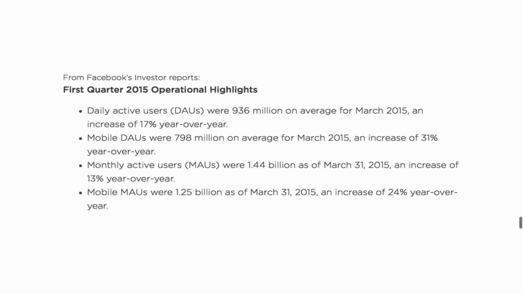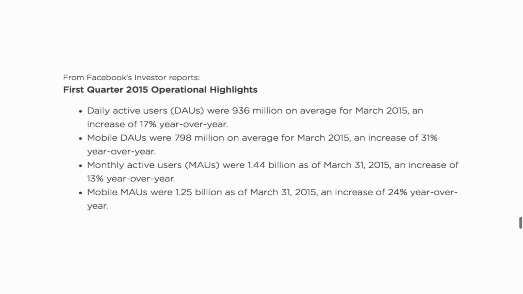So first of all, the number of daily active users on Facebook. This is the number of people that actually log in on any given day. It was 936 million. This is in March of 2015. That's an increase of 17% from the same month in 2014.